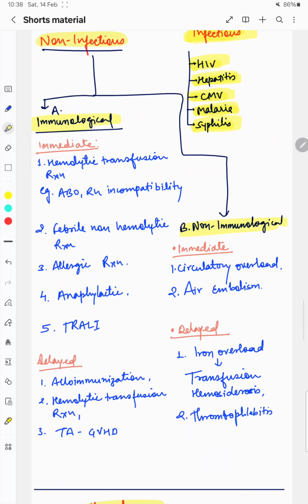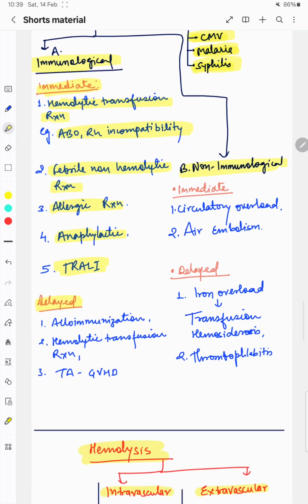In immunological transfusion reaction, there are two types: one is immediate and the second is delayed. In immediate immunological transfusion reaction, there is hemolytic transfusion reaction, which is seen in ABO and RH incompatibility, febrile non-hemolytic transfusion reaction, allergic transfusion reaction, in which in rare cases there may be anaphylactic shock, and transfusion related acute lung injury.